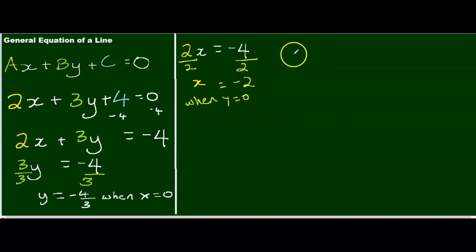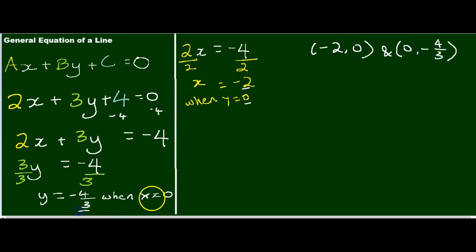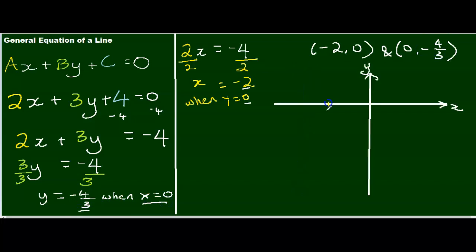So we know the line passes through negative 2, 0 from here, and 0, negative 4 over 3 from here. If we were to plot or sketch our graph, negative 2, 0 would be that point, and 0, negative 4 over 3 would be somewhere over here. So we have 2 points, and therefore we can join those 2 points, and as you can see, our y-intercept is negative 4 over 3.